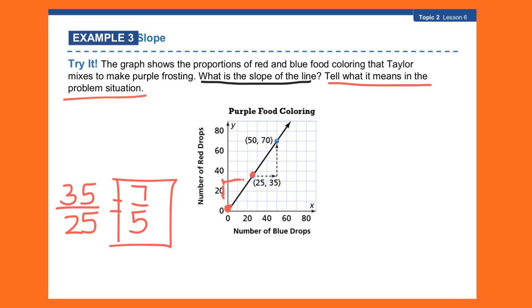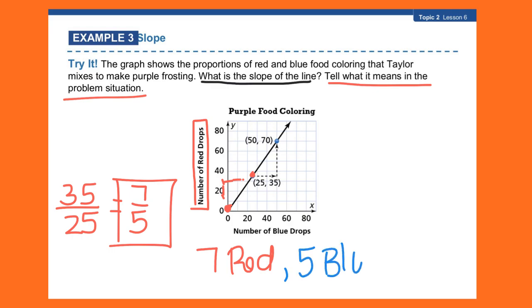But 7 what? And 5 what? Well, it's going to be 7 red because remember I did up and down first, and 5 blue, because remember I did side by side second. So my answer is 7 red and 5 blue.